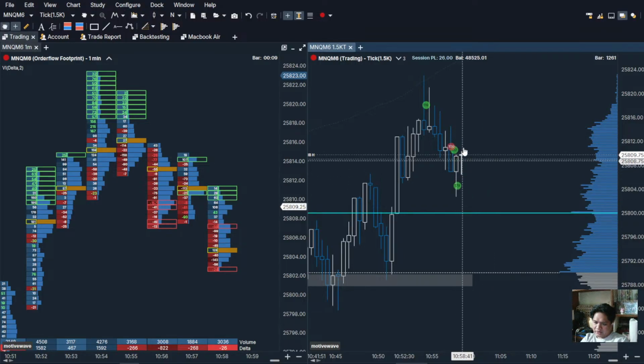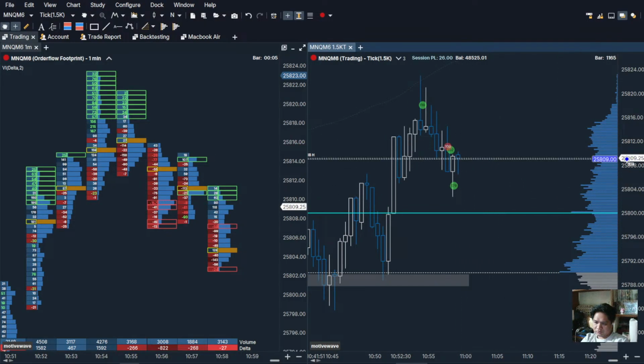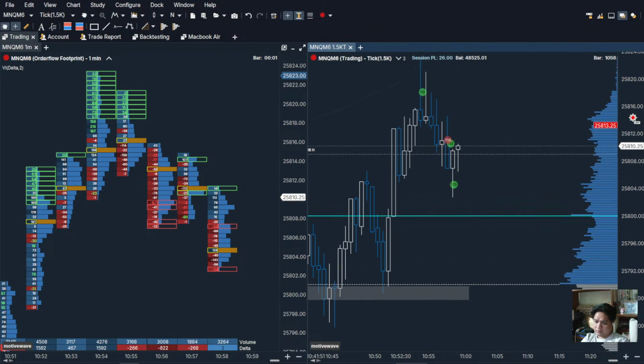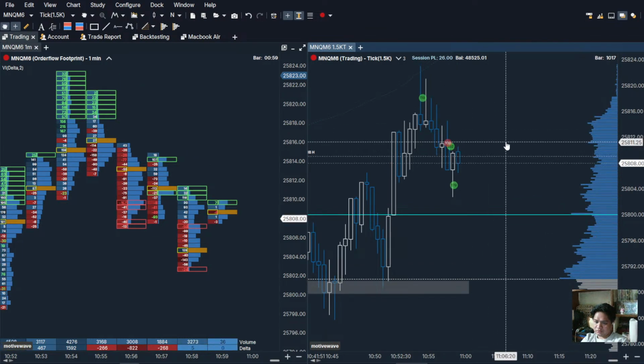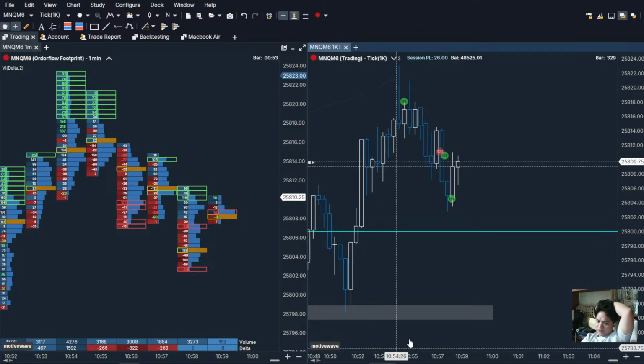But buyers stepped in here, they've pushed the market towards the upside. So honestly speaking, if we can break above there, could be good for us.